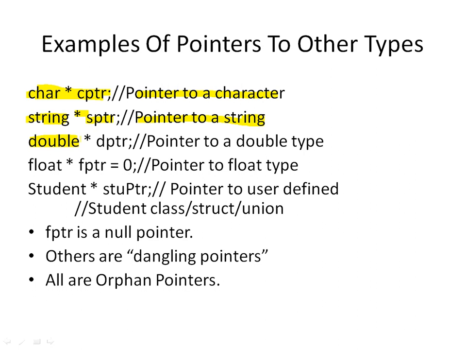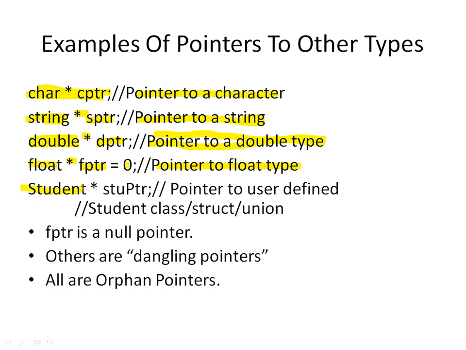If I have double asterisk dptr, this is a pointer to double type. If I say float asterisk fptr equal to 0, this is a pointer to float type. This one has been initialized to 0 or null.